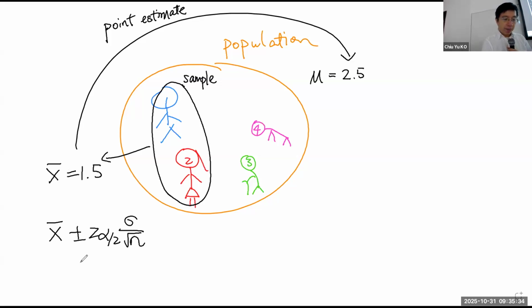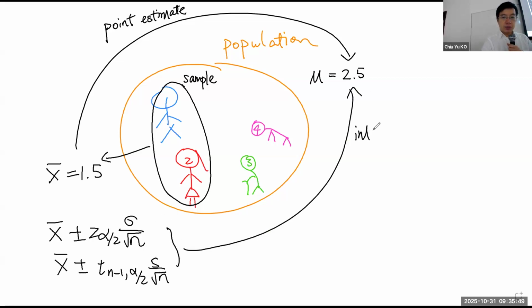If you know sigma, you use this; if you don't know, then it depends on this. So this is what we learned from these interval estimates.